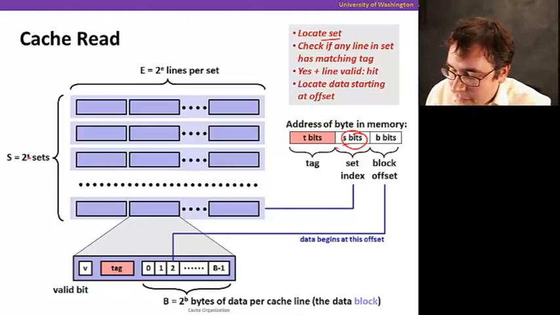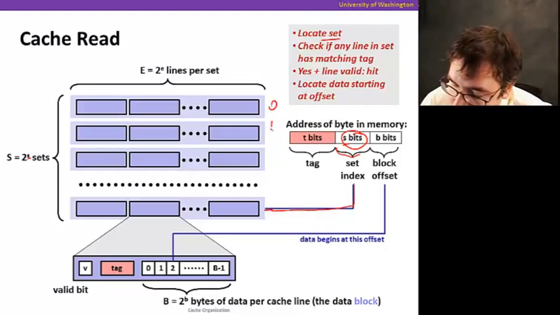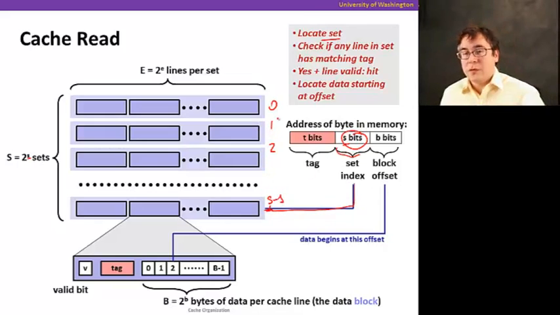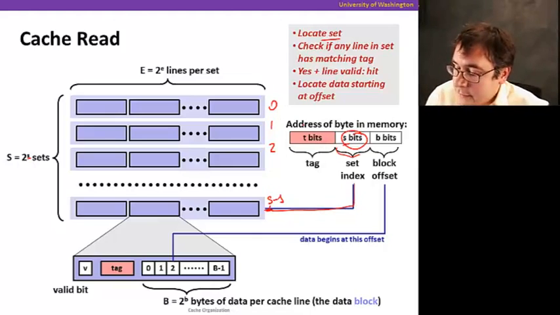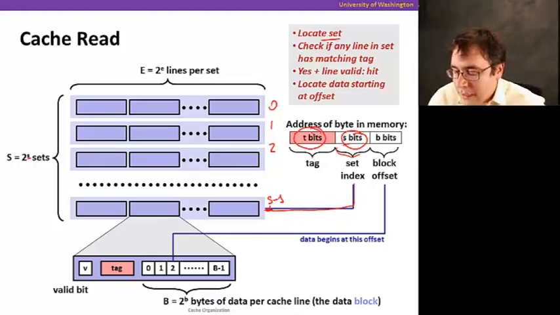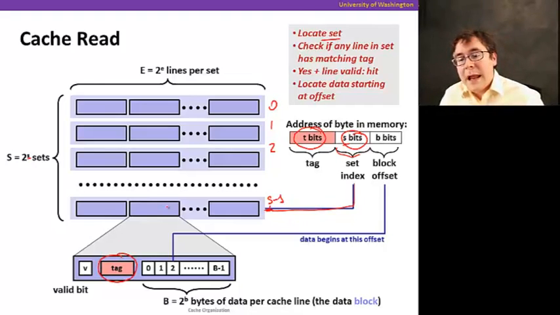I'm going to use that part of the address as an index to the cache. If this is 0, 1, 2, up to S minus 1, we use that value to determine which set we're going to choose. Once we do that, we see whether the tag of the address, the t bits, the upper part of the address, matches the tag stored in the block.